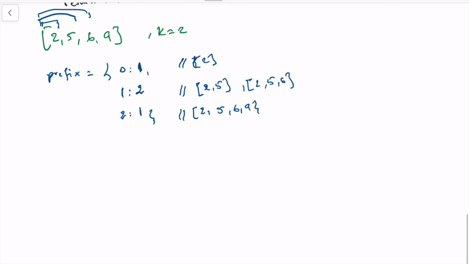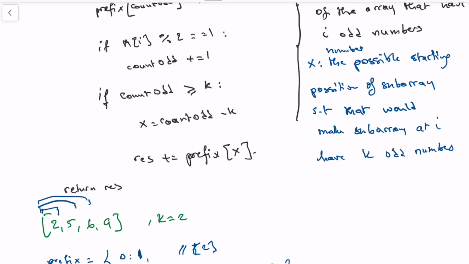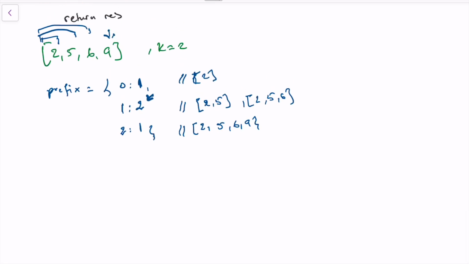And so if we were asked k equal to 2, what do we need to do? We have the prefix here, and so our result will start only when count odd becomes bigger or equal to k, and that becomes the case here. So in the iteration where we are exploring this one, we would say res plus prefix of x, where x is count odd minus k.